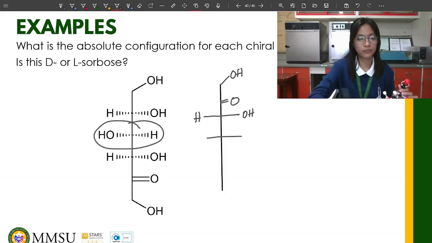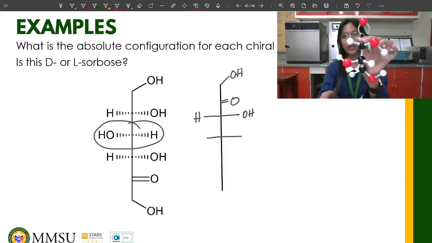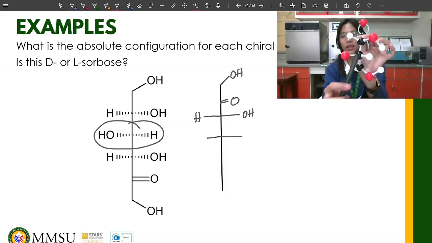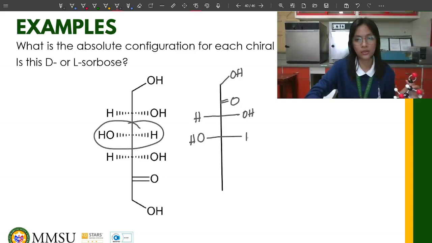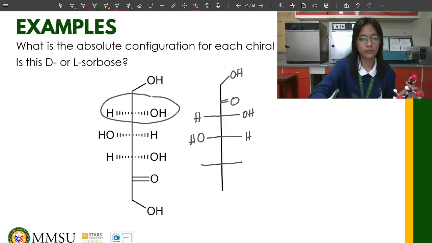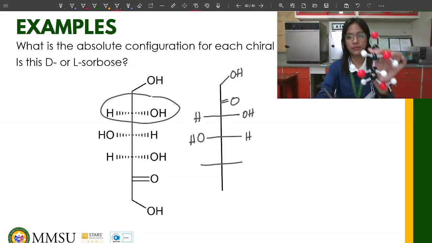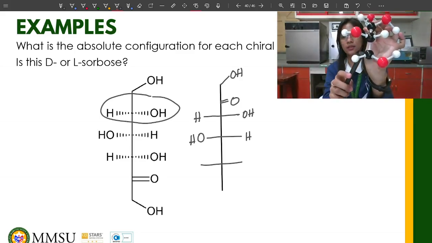And then, next, chiral carbon. This one. Eto. Nasa left yung OH. Sulat natin yung OH nasa left. And then, hydrogen. And then, yung last na chiral carbon, this one. Eto. Eto na yung last.